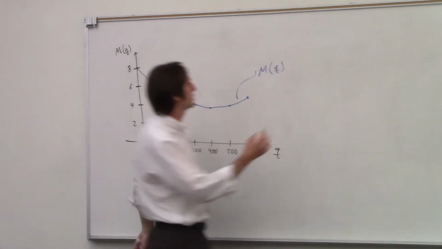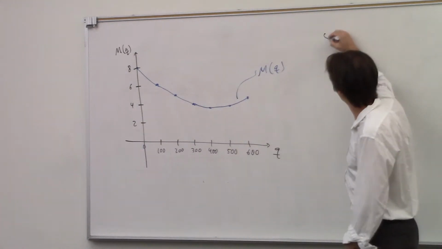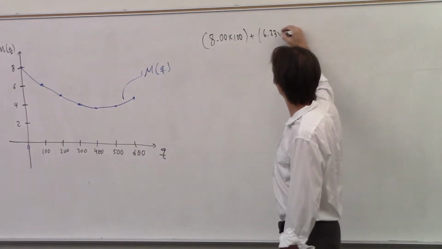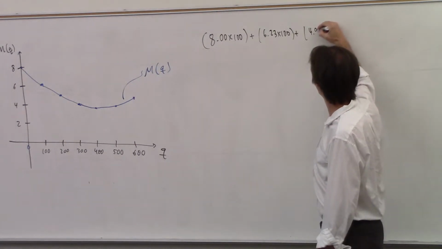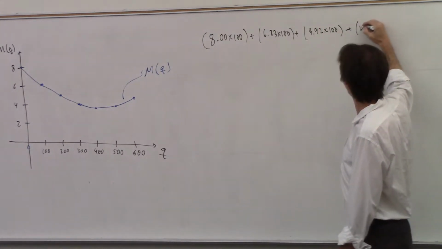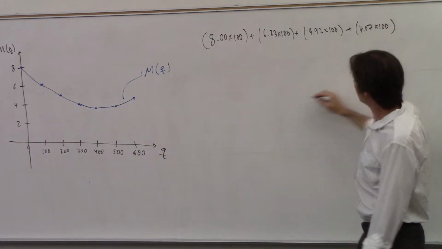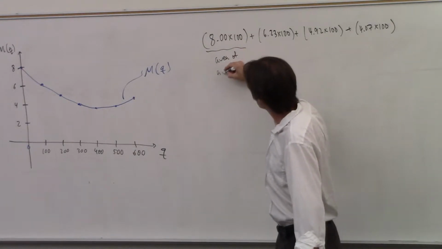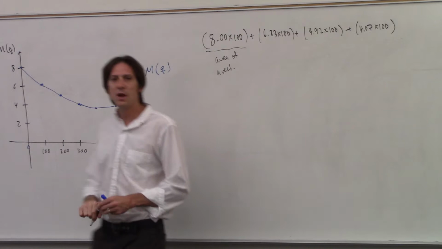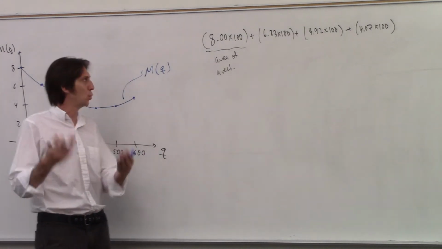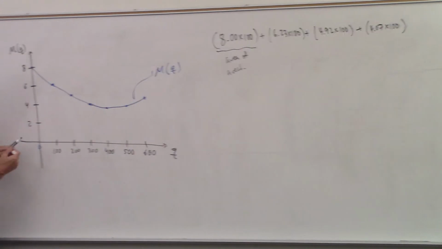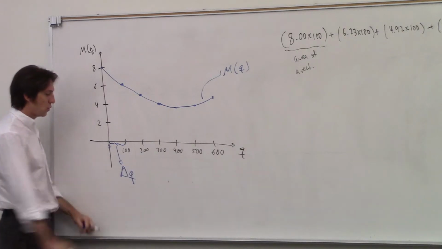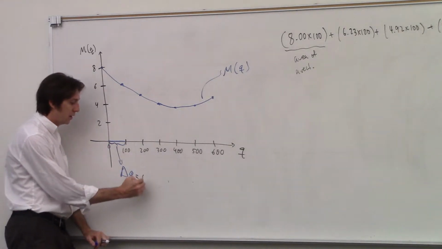So if I look at this first calculation, I'm going to write it over here. It's 8.00 times 100 plus 6.23 times 100 plus 4.92 times 100 plus 4.07 times 100. I can think about each one of these products as an area of a rectangle. In particular, I know that the area of a rectangle is length times width. From 0 to 100, this delta Q, a change in quantity, that distance, or that width, is 100.